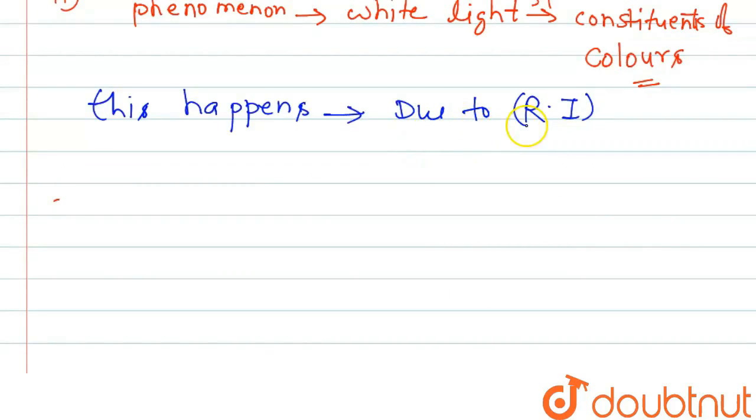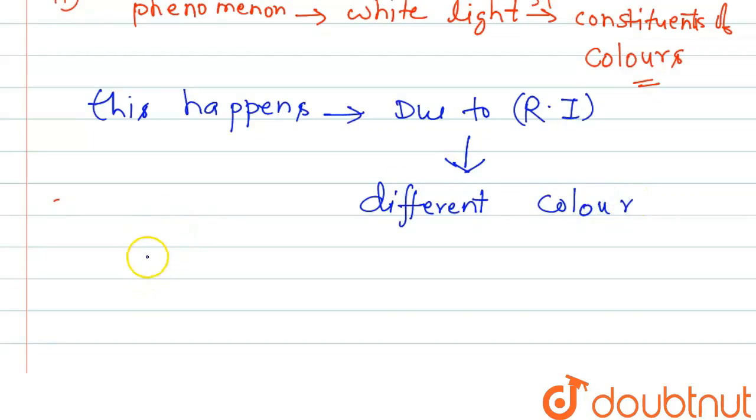So the refractive index of different materials is different, and every material has its own deviation for the different colors. And if we talk about the equation, the equation for deviation is (mu minus 1) A, where A is the prism angle and mu is the refractive index of the material.